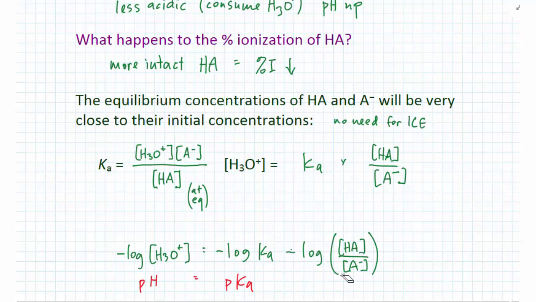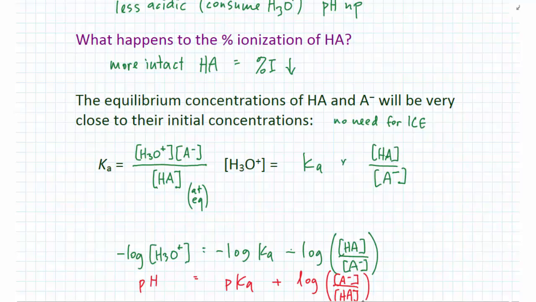Or if we switch the sign, you can invert that fraction inside there. So it's actually plus the log of the A minus over HA. It's just a sign change that happens inside of that log.